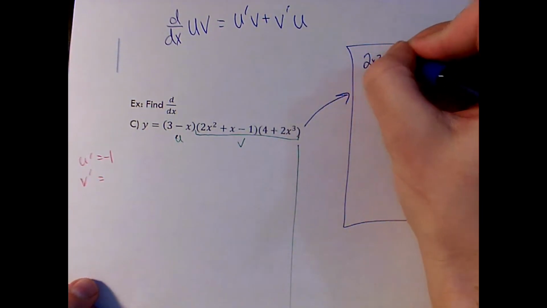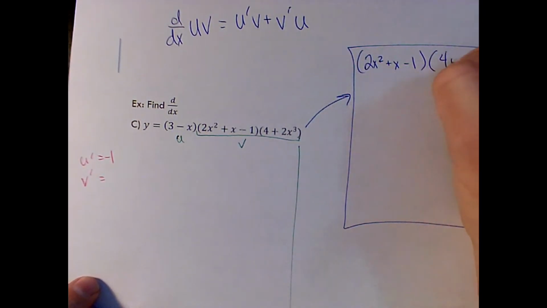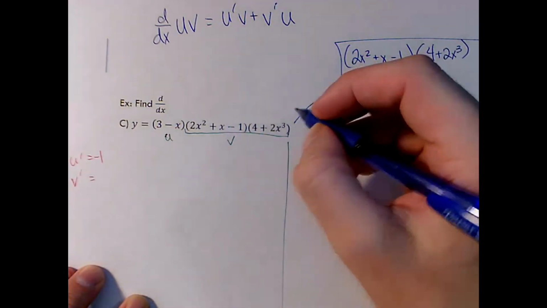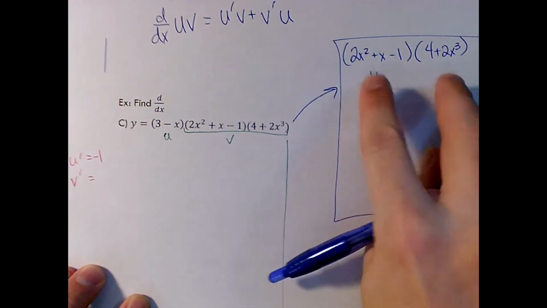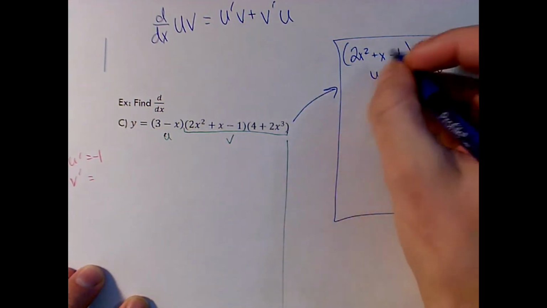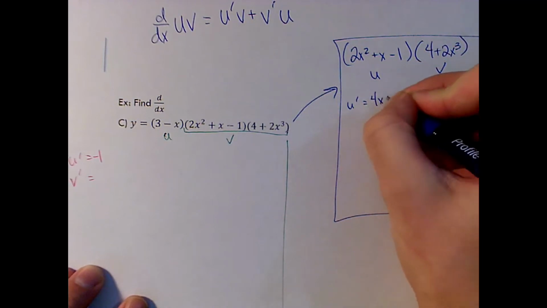2x squared plus x minus 1, 4 plus 2x cubed. That's my u. And if you want to use different letters to avoid confusion, that's not the end of the world. I always use u and v. Since I'm off to the side, I'm differentiating that from that. So u prime in this case is going to be 4x plus 1.